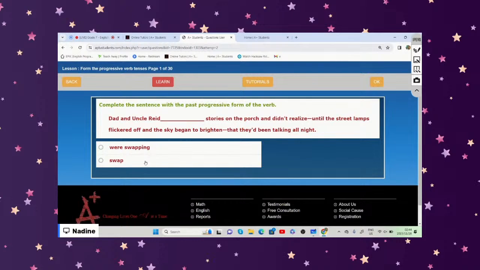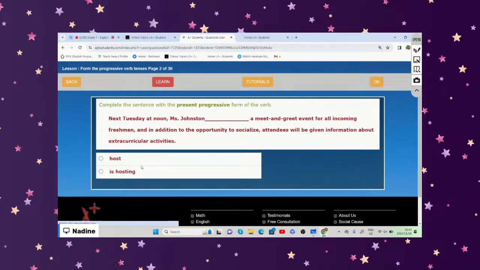Remember we said that the helping verbs in the past tense are either was or were, and was refers to one person and were refers to two or more people, for example, either discussing or doing something. So we can say they were swapping stories on the porch. So we have a helping verb, which is were, and our main verb, which is swapping, which ends in ing. So well done. Were swapping is correct.